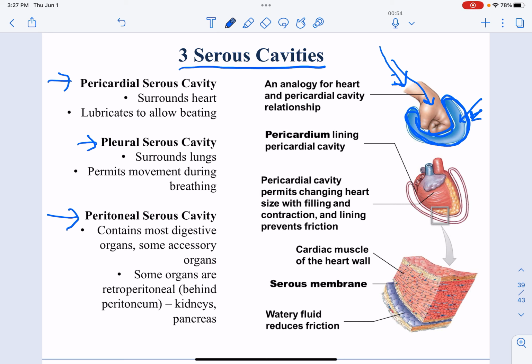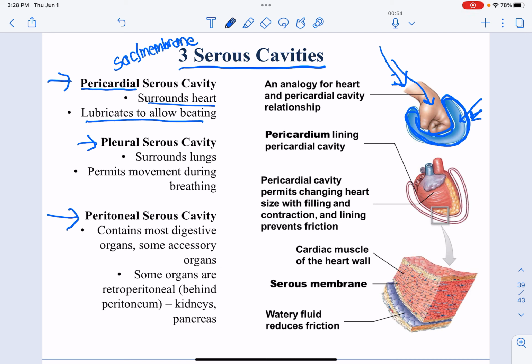There is a specific name for the membranes that surround the heart, and they are called the pericardial sac. So it's the pericardial sac or membrane that surrounds the heart. It is a serous membrane. And because the heart is beating and moving and friction can occur, these membranes lubricate the organ while it is beating, so that friction is reduced.